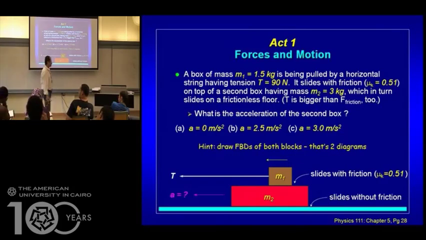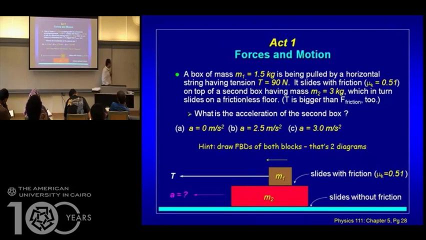Okay, so this is the free body diagram. Remember, we need to find the acceleration of M2. So I'm going to concentrate on M2, since he's asking us about the acceleration for M2. So along the x-axis, the sum of the forces equals mass times acceleration.